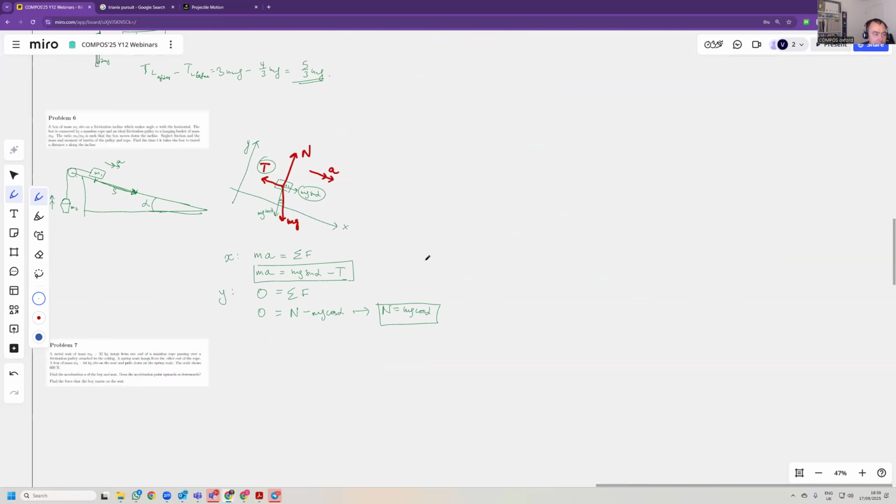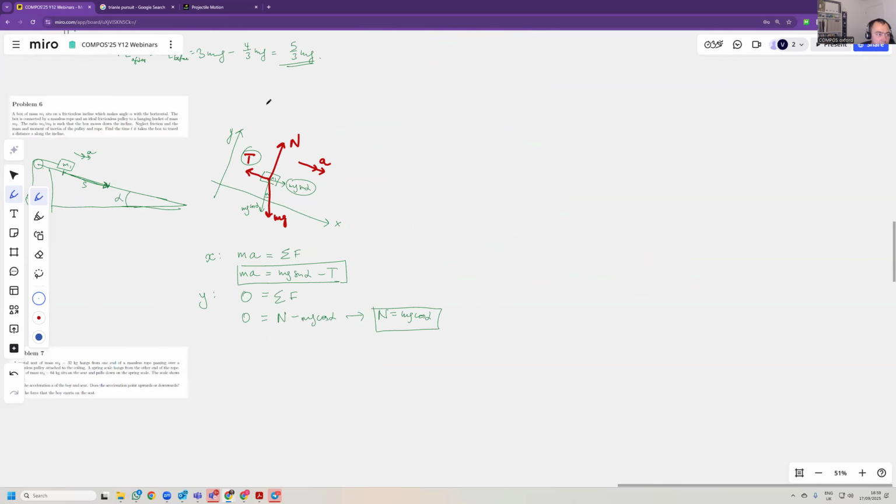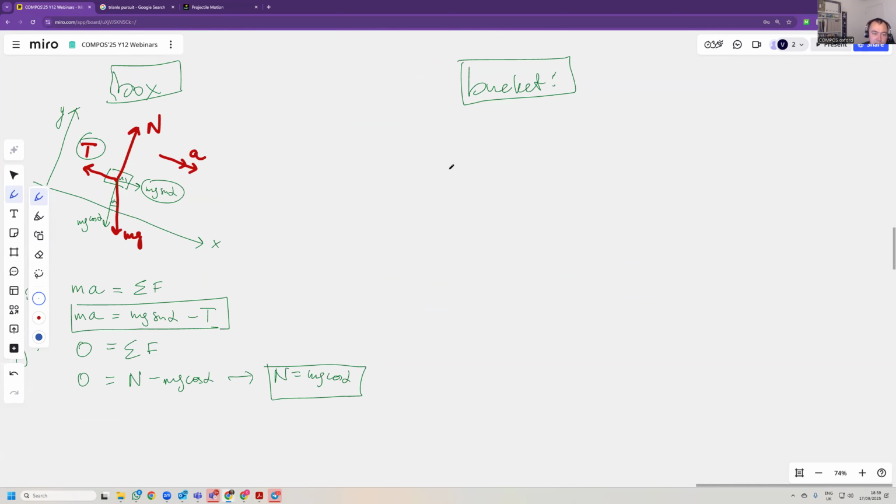Now for the bucket. So the box, now the bucket. The bucket is much, much simpler. You have gravity pulling you down, M2g, and there's the tension in the rope.